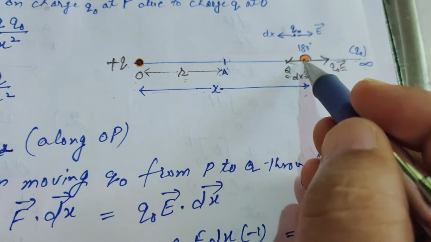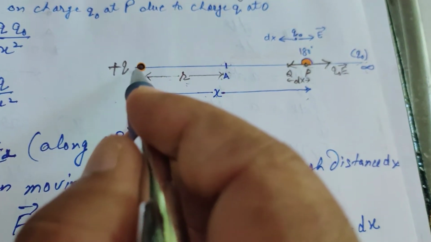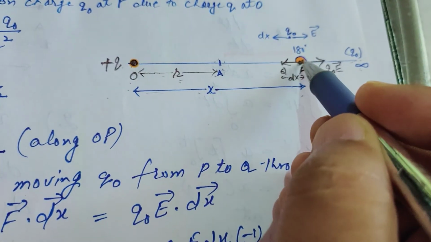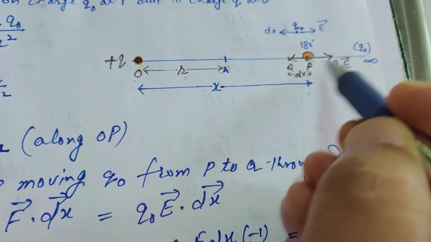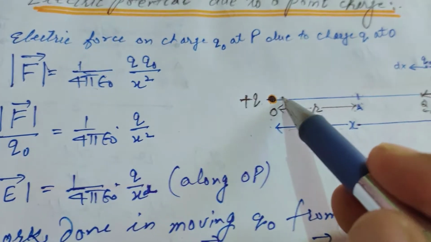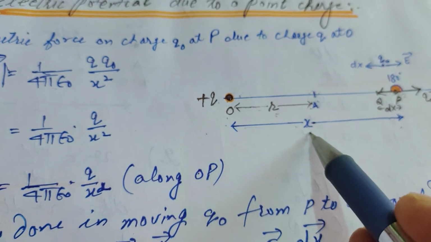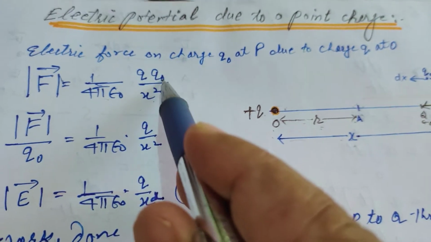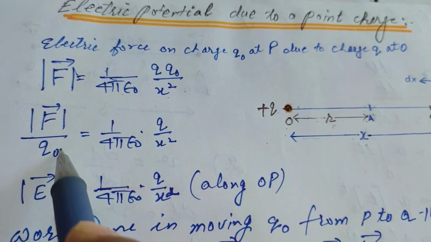First of all, q naught is here, q is here. You can use Coulomb's law. Positive, positive, it will repel. So the force between the two is 1 by 4 pi epsilon naught q q naught, and the distance between them is x, so x square.